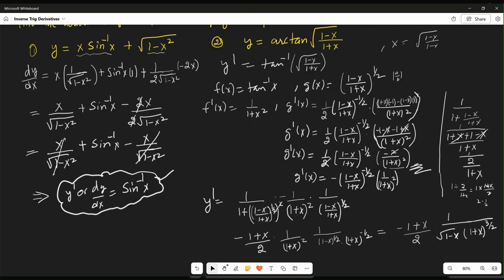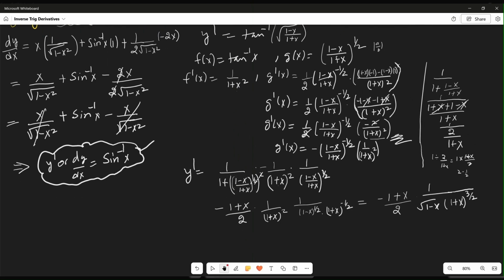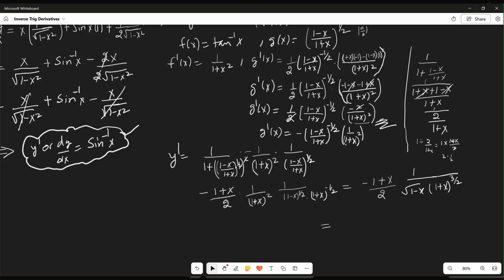So this is what we have. And since we have this 1 plus x at top, this is quite fun now. This is negative. How about if we split as this and as this?